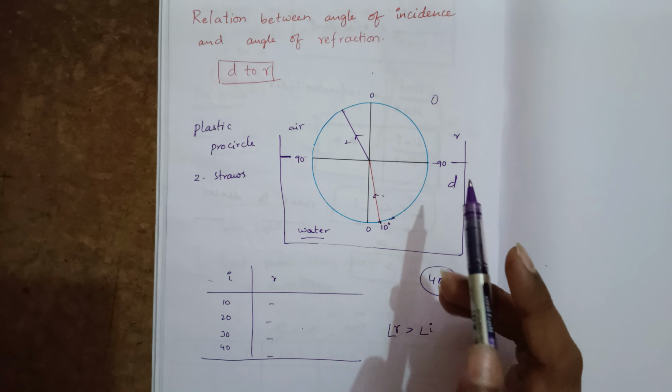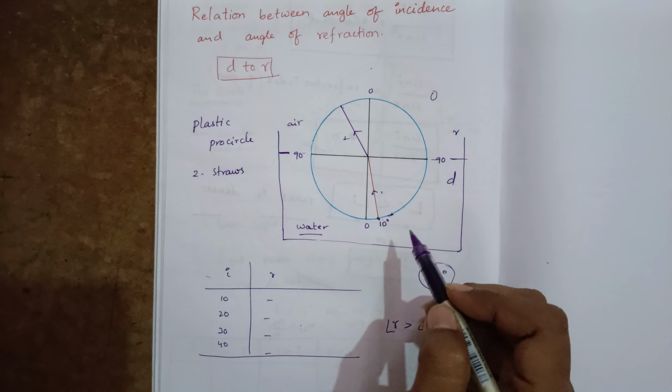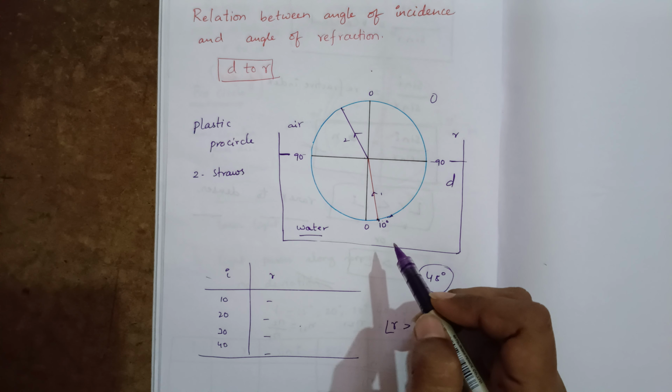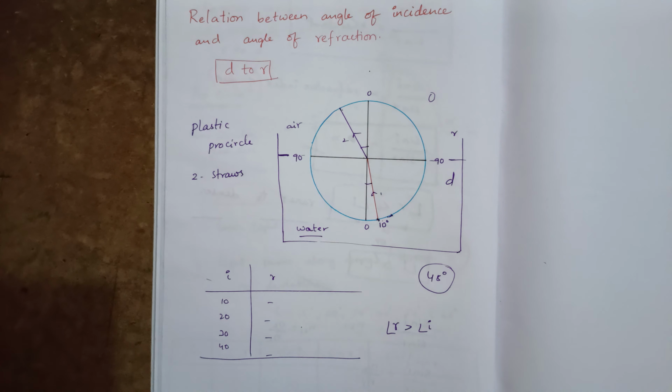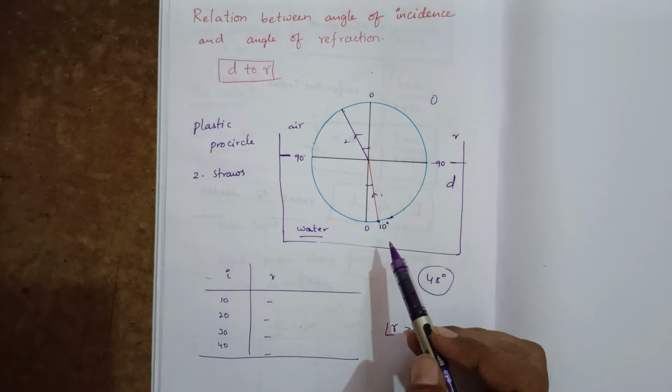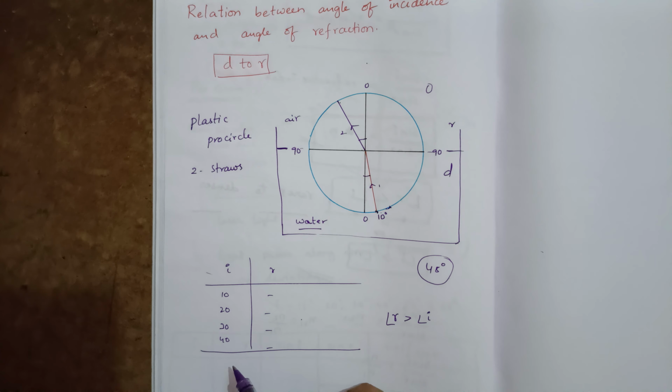When we remove it outside, both are not in a straight position. We measure the angle of incidence and the angle of refraction, write them in a table, and repeat the same procedure for 10, 20, 30, 40. We should not do it at 48 or more than 48.